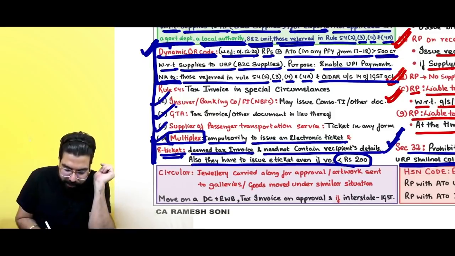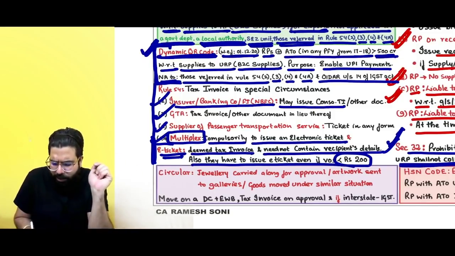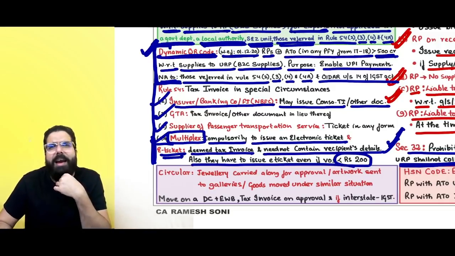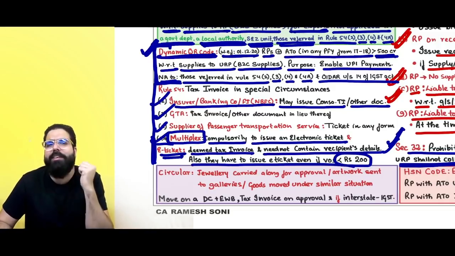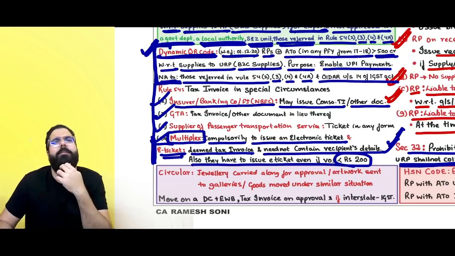Sir, what about banking companies, etc.? For them, it is told that they can issue a consolidated tax invoice or any other document. For example, when a bank issues a statement, the statement is deemed as the tax invoice. Every month you receive the bank's statement. That statement only is deemed as the tax invoice. They will not give you a separate tax invoice.